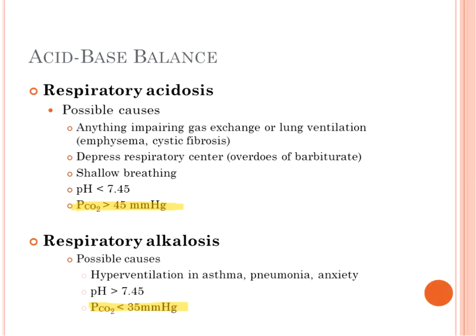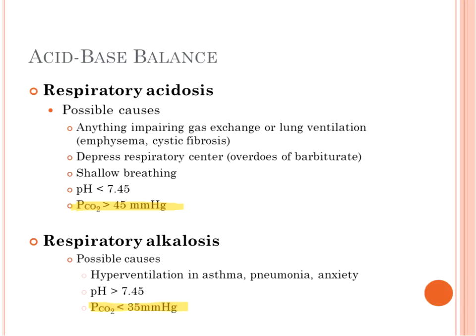So for respiratory acidosis, possible causes are anything that can compromise the exchange of gases or lung ventilation, so emphysema or cystic fibrosis, so that you're not exhaling as much of the carbon dioxide as you need to.